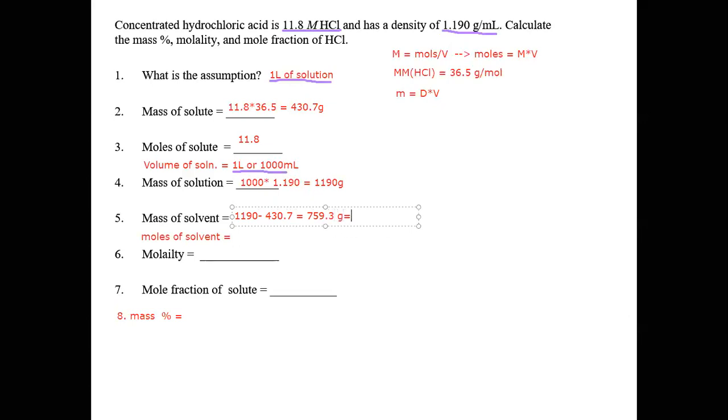And then we'll convert this to kilograms. So now we have the mass of solvent. We can find the moles of solvent. Again, no solvent was given to us, so it's understood that the solvent is water. So remember, mass divided by molar mass gives us moles.